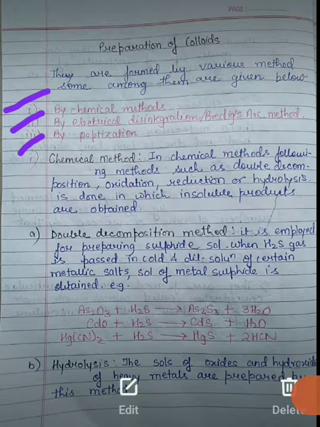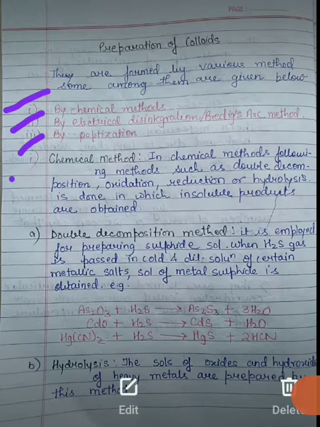Here you can see the very first, that is the chemical method. In this you can do oxidation, reduction, simple hydrolysis, or double decomposition. These are some chemical methods through which we can obtain our colloids. And there are more methods like peptization and Bredig's arc method. Let us discuss all very clearly.